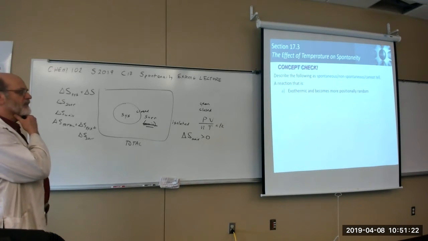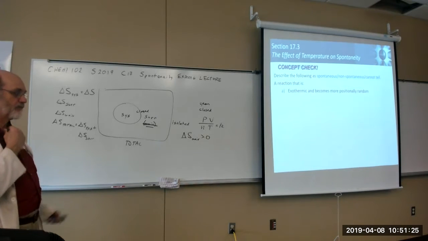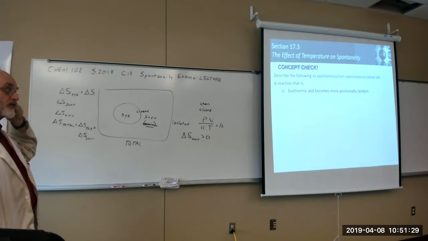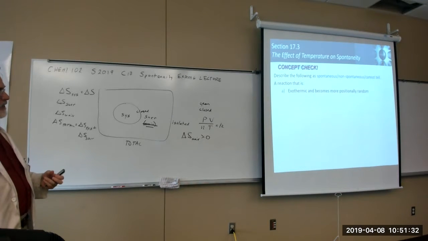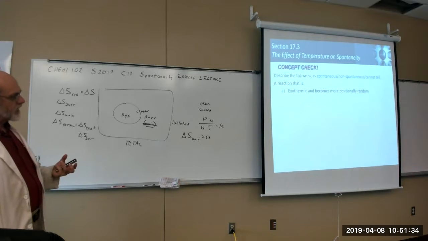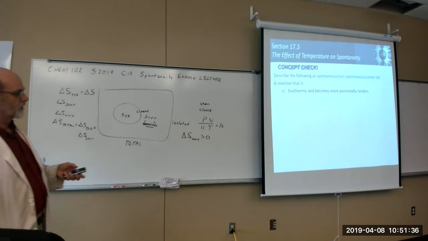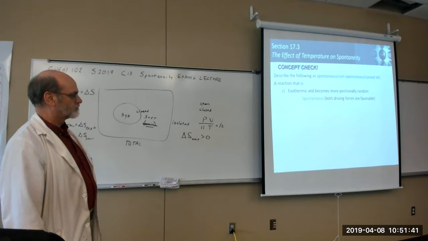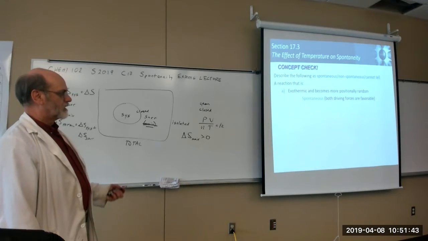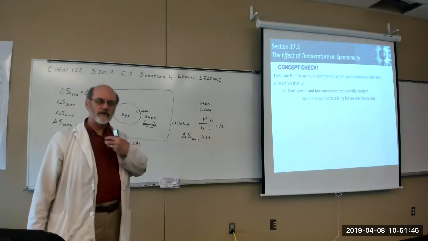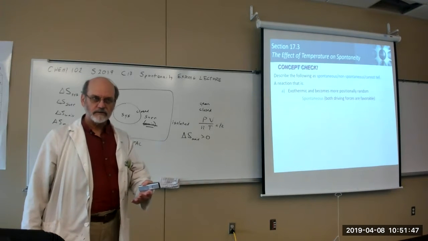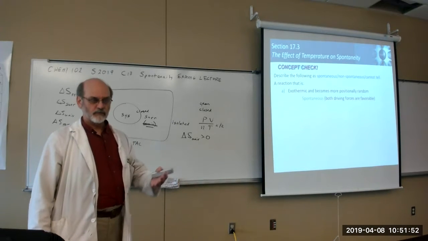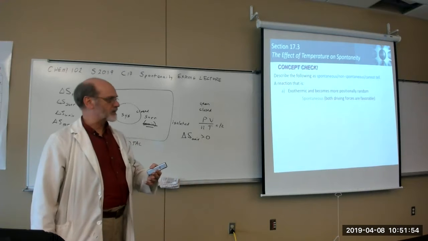So let's see, maybe we can derive some solace from these questions. If a reaction is exothermic and becomes more positionally random, the exothermic we said earlier was preferred, and positionally random is more preferred for its increase in microstates.